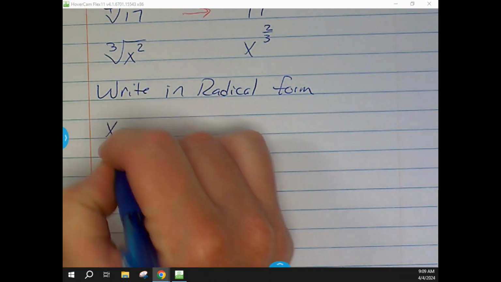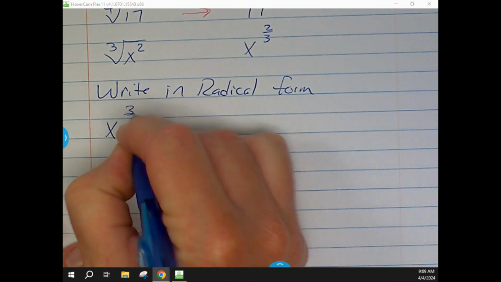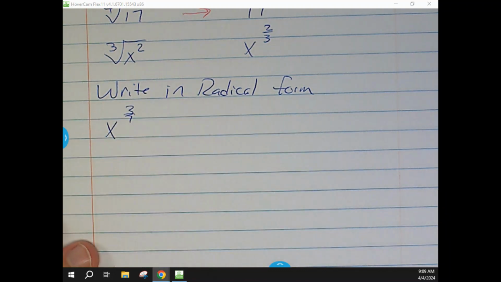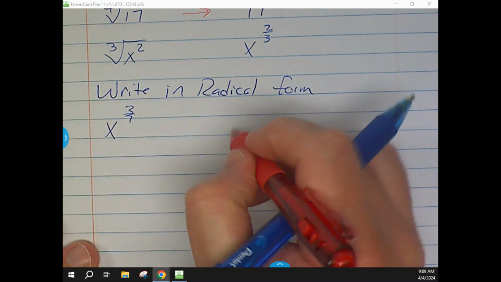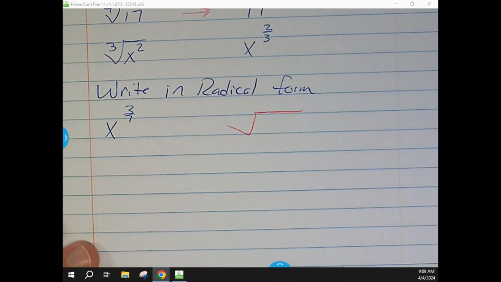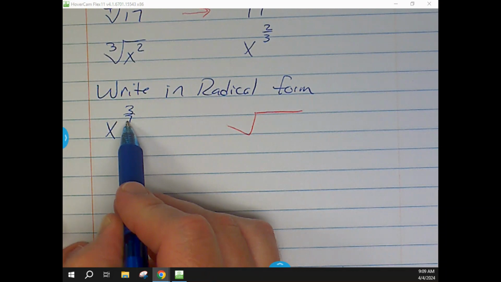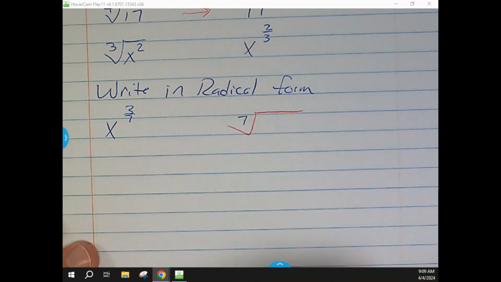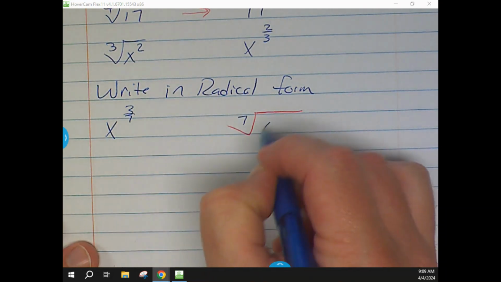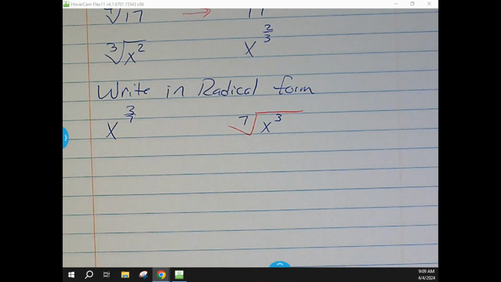So we've got x to the 3/7 power. So now the answer's got to have a radical in it some way. Okay, again, what you're dividing by on the bottom, that has to go on the outside for the root part of it. Everything else, just go something like that. Now, with some of the solving that we're going to do, that's the answer that we've got for wanting to rewrite it.